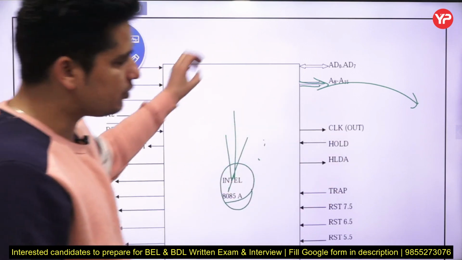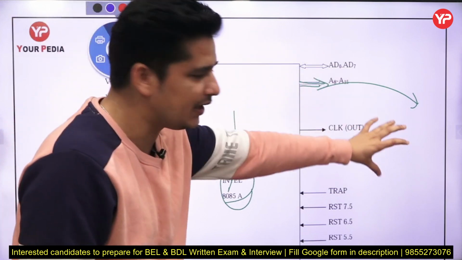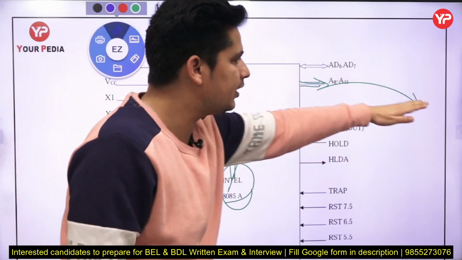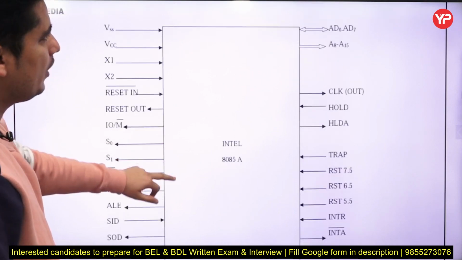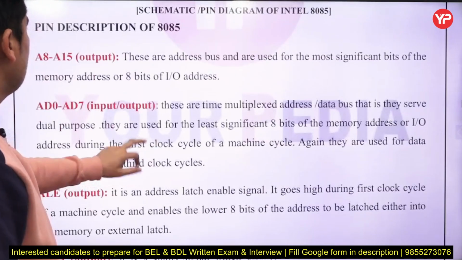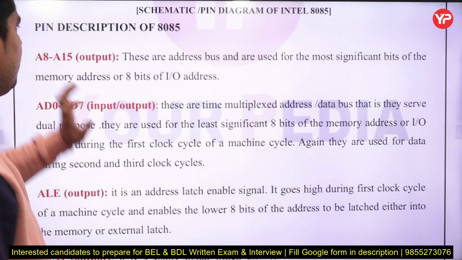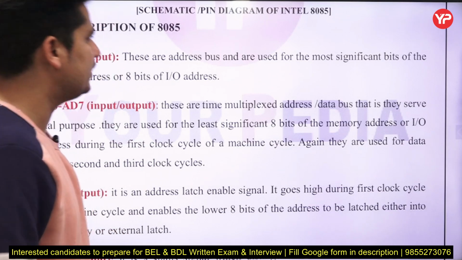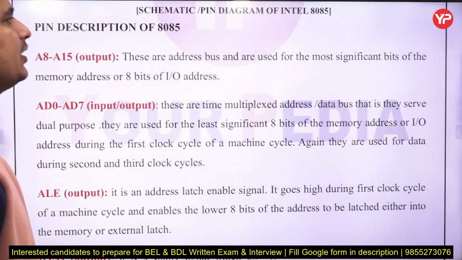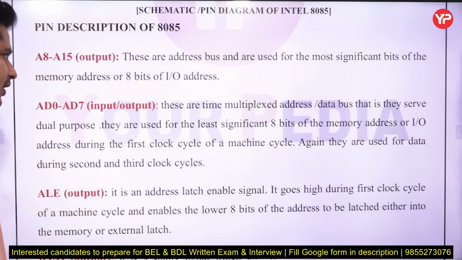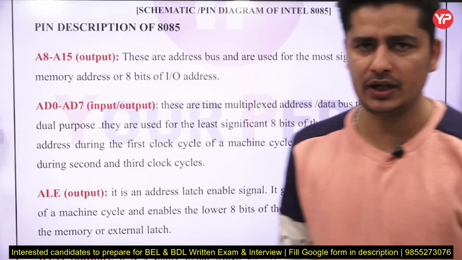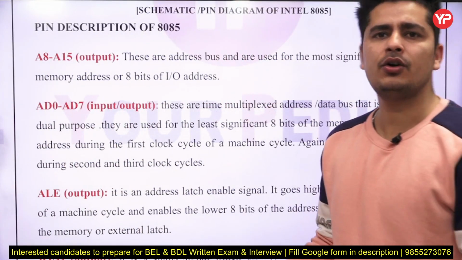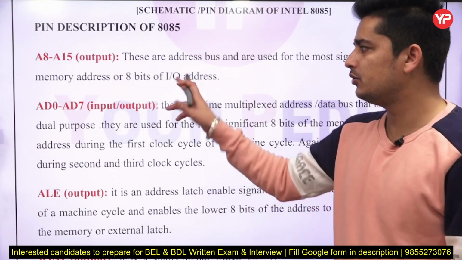Or if you are storing information, it will enable that address and the data will go from the microprocessor to that memory location, right? So A8 to A15 are the address bus lines used for the most significant 8 bits of your memory address or the 8 bits of your IO address. If you are doing IO addressing and you connect the IO, the 8 bits will be used by this.